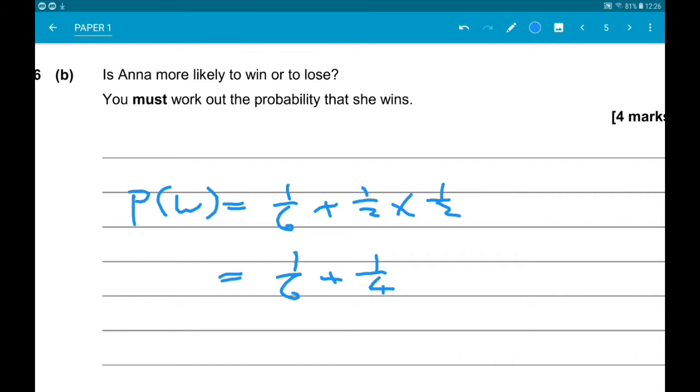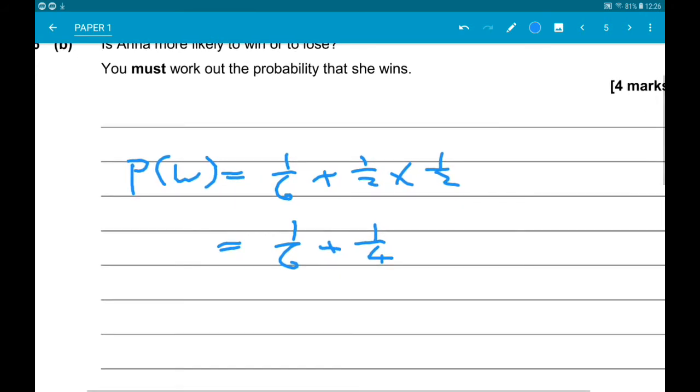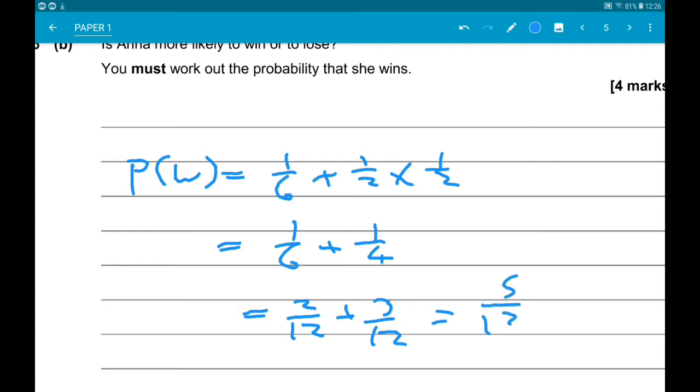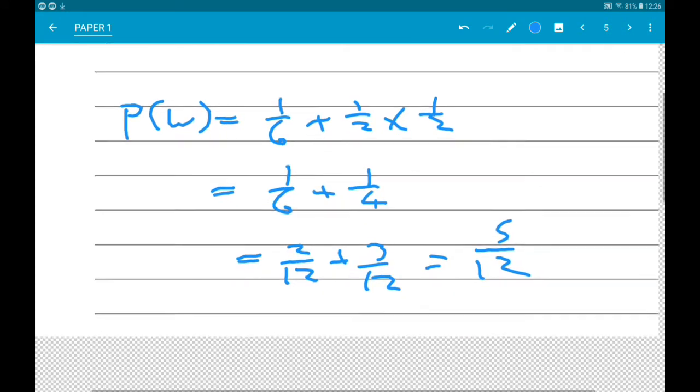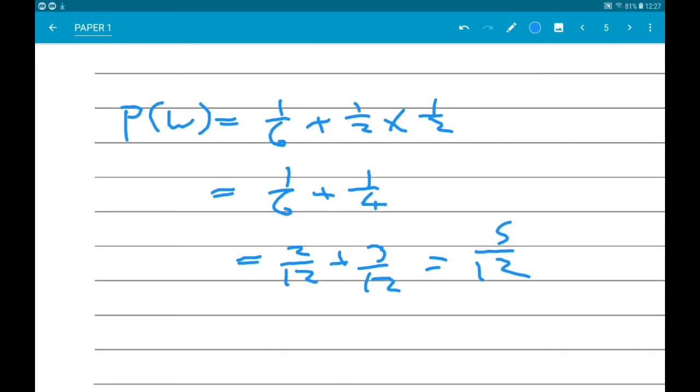So 1/6 is 2/12. 1/4 is 3/12. Add those together and we get 5/12. Now that's less than half, so she's more likely to lose.